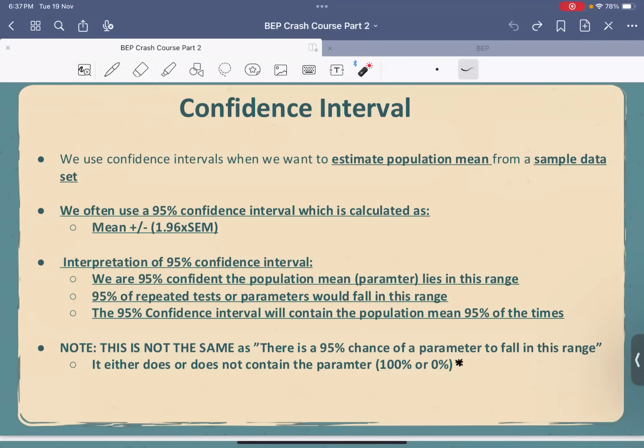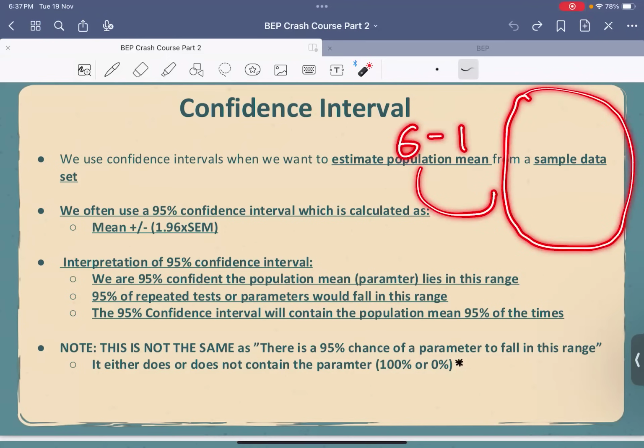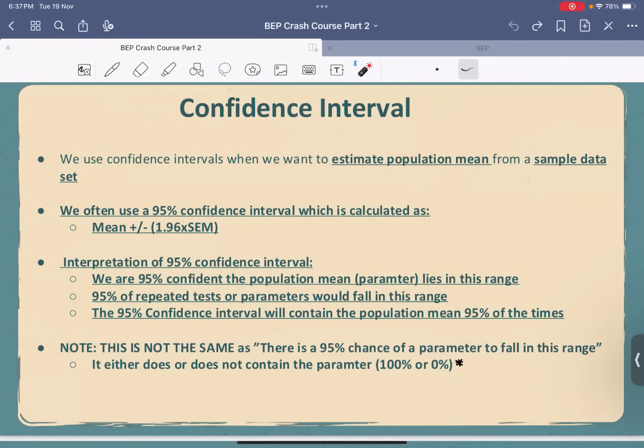So we're saying that if we were to do sample B and sample C and sample D and sample E, let's say, 95% of those will fall in the range of 6 to 10. The means of 95% of those will fall in the range of 6 to 10. We're also saying that if we were somehow able to find the actual population mean, we're 95% confident that it will fall in this range.